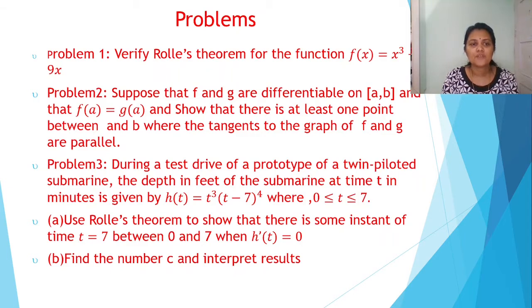So given that f of a equal to g of a, we have to show that there exists a point c where the tangents of the graphs of f and g are parallel. For this we consider a new function capital F equal to f of x minus g of x.